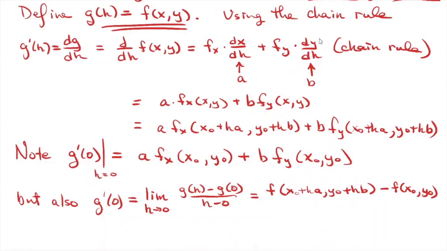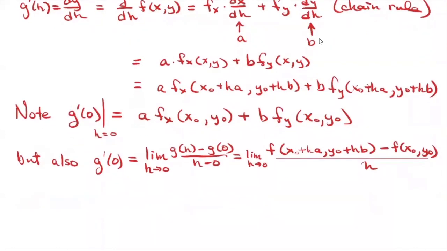Forgive me while I put a limit in front of this. So I'm going to squeeze in the limit as h goes to 0, and this is all divided by h. But this is the definition of the directional derivative. So this is d u f at x naught, y naught.